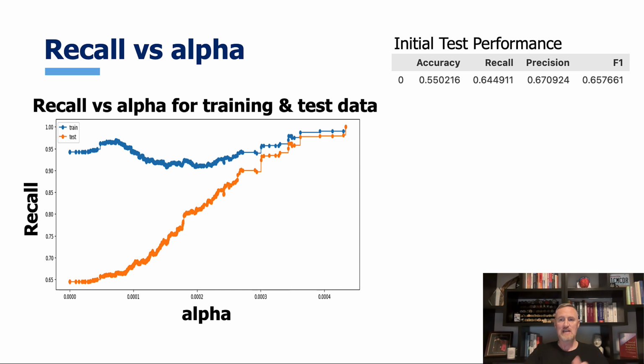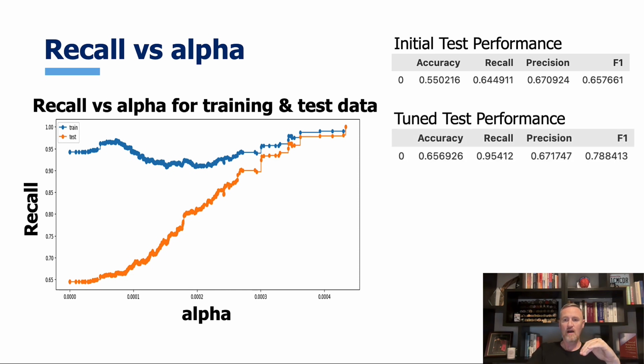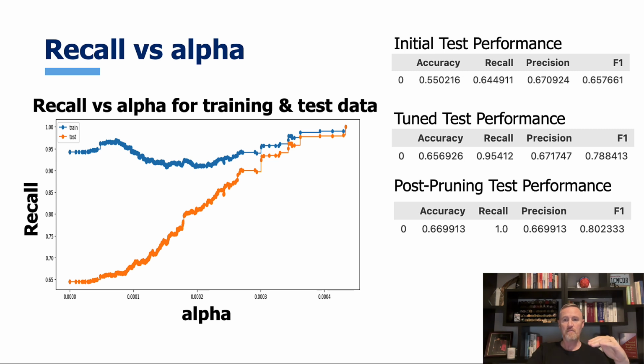And so the initial test performance here again was 55% accuracy, 64% recall, 67% precision. And now when we had our tuned test performance, we got better. And now our post-pruning test performance, you'll see that we actually have a little bit better accuracy. Our recall is 1.0, perfect recall, and we have just a slight degradation, but about the same precision, and we have a better F1 score.